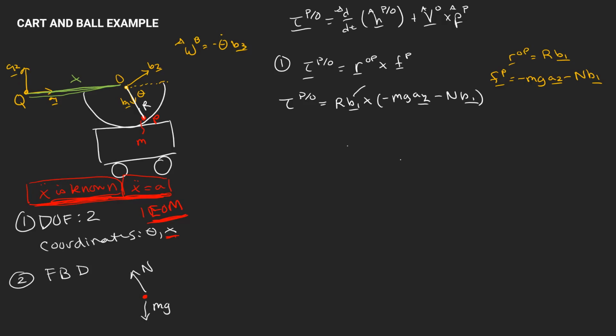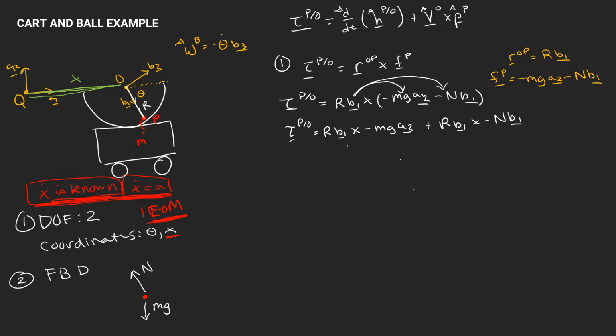Now remember that when we take this cross product, we can distribute these terms here. So we'll get torque is equal to R B1 crossed with negative mg A2 plus R B1 crossed with negative N B1.